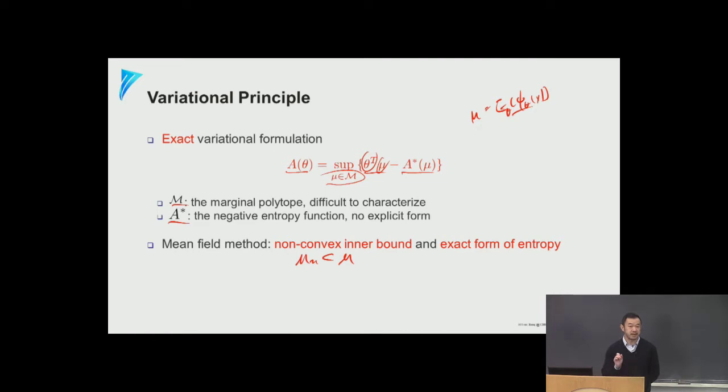And that subspace is a lot easier for you to search for a solution. And this A star, which is the entropy of the distribution, is also defined in a certain way that is easy to compute.